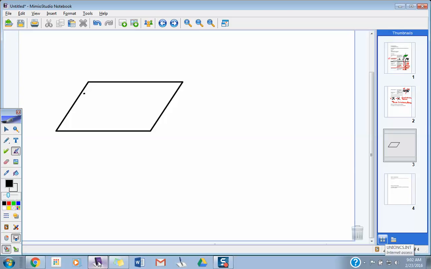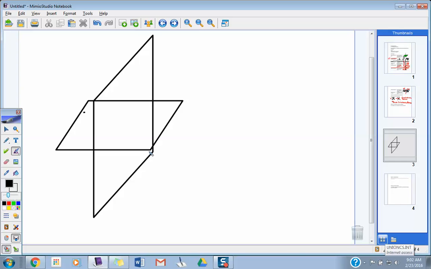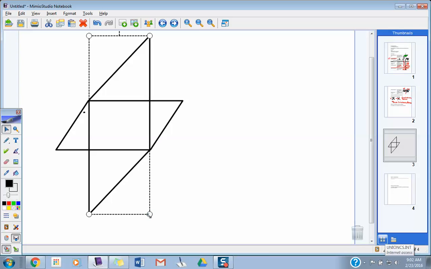Go straight up and through it, back down a bit to this corner, and back this way. It's basically two parallelograms across each other.